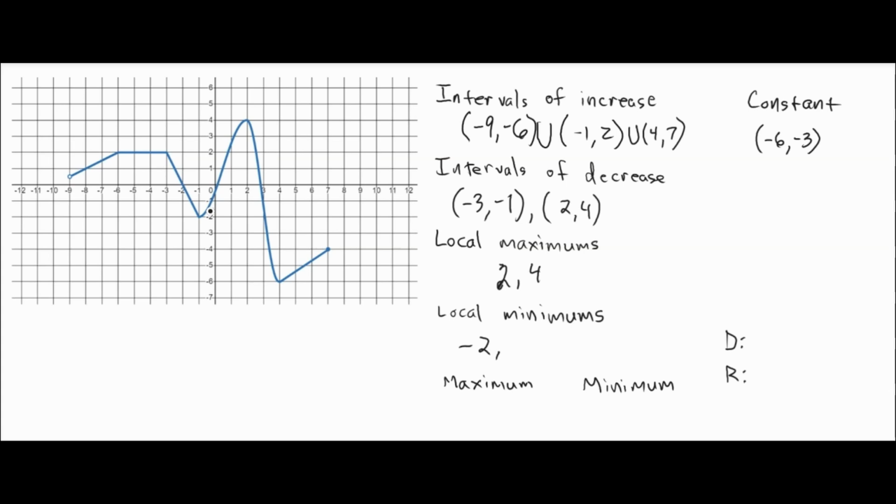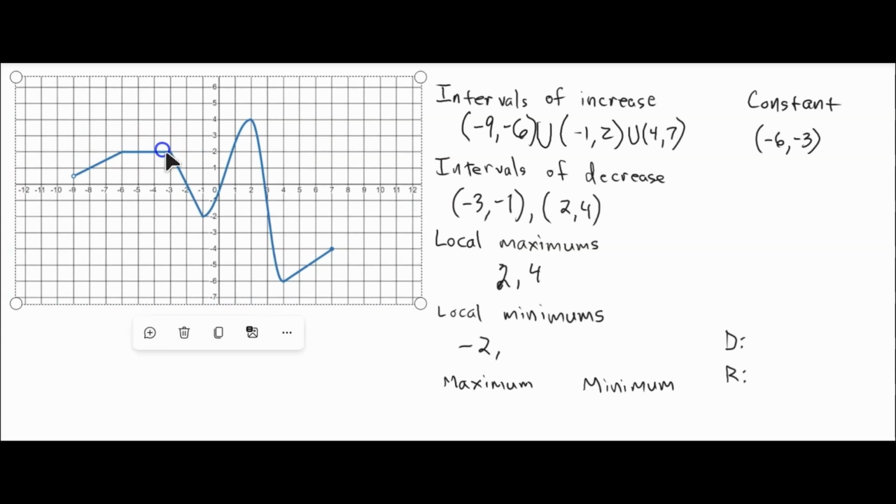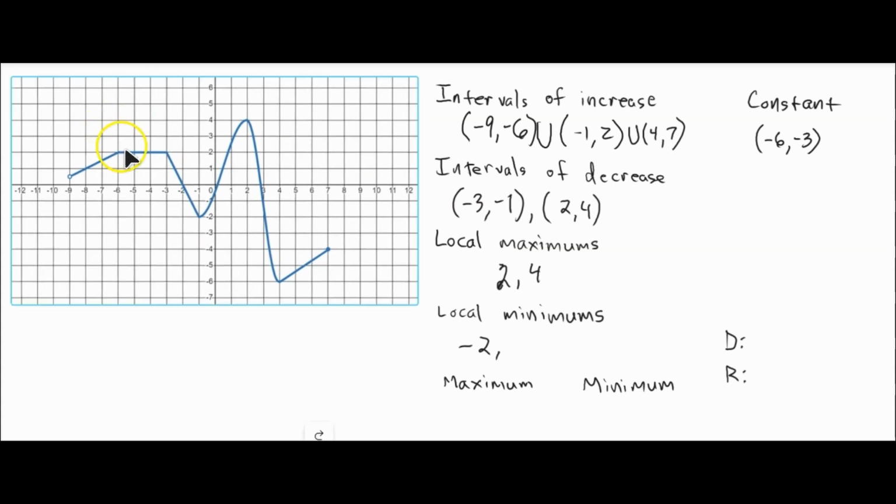Also, the constant is also a whole set of local minimums because no other point around it is lower than it, and so 2 also represents a local minimum. And then lastly is this spot down here, and it's a -6, and so we have a local minimum at -6.